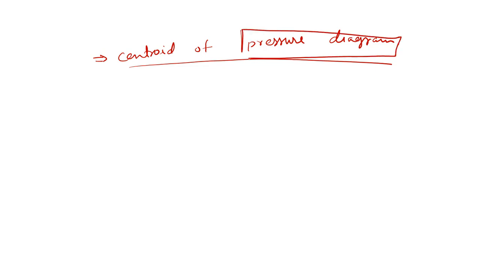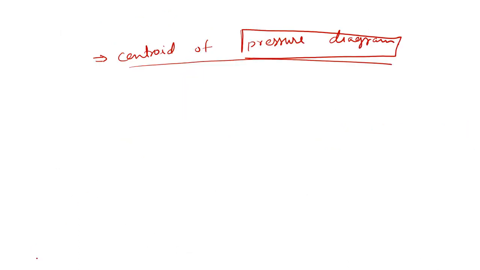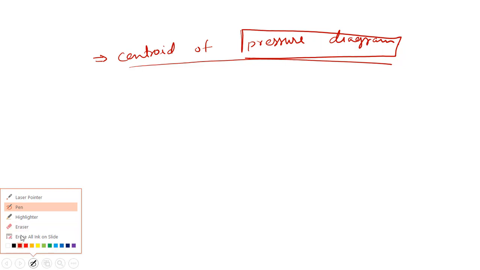Now we have to try to understand what a pressure diagram is. What we were drawing till now is a pressure diagram, a diagram which denotes the pressure with height.